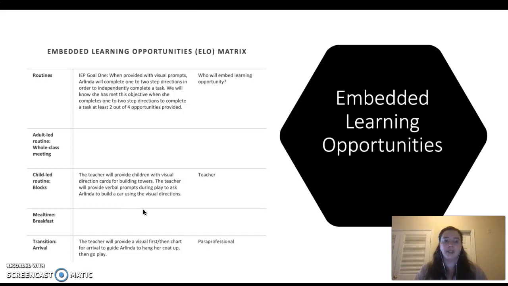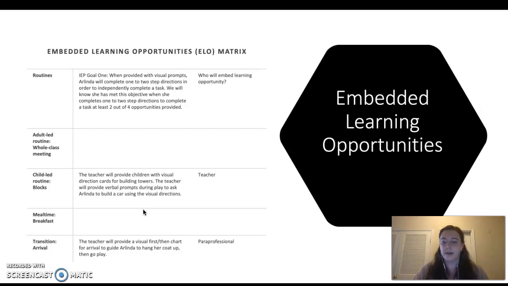Lastly, I just wanted to mention that paraprofessionals can also play a really important role when we are using embedded learning opportunities. For the past several weeks, you've been practicing planning for embedded learning opportunities in an inclusive classroom to support a student with an IEP goal. This is actually an example from one of those participation activities.